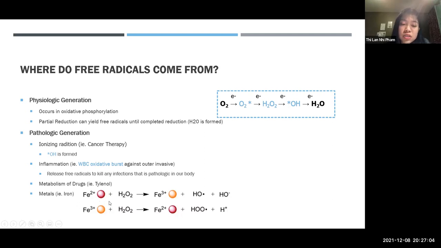When iron is passed in our bloodstream, iron 2 plus is going to accept these free radicals and form iron 3 plus. And this process is going to be reversed again, and this happens simultaneously.